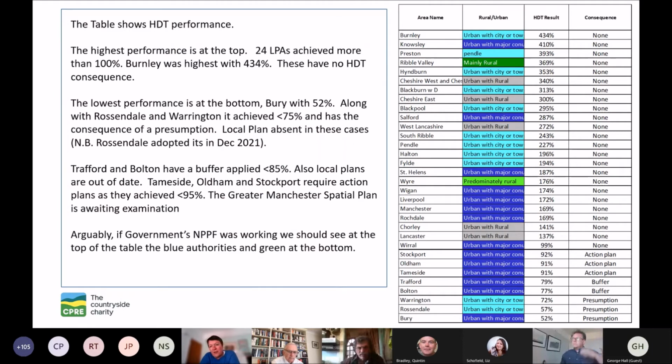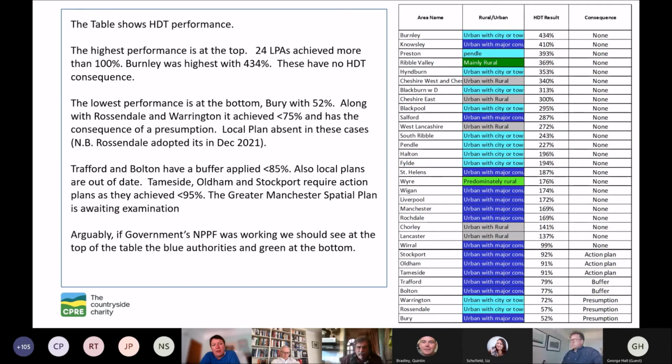this is a difficult slide for you to see, but I will circulate it so you can see it in more detail. Every year, our government has a housing delivery test. It basically looks at how many houses have been identified in the housing requirement and how many completions have been recorded. Now, at the top of that table is Burnley with 434% housing delivery.